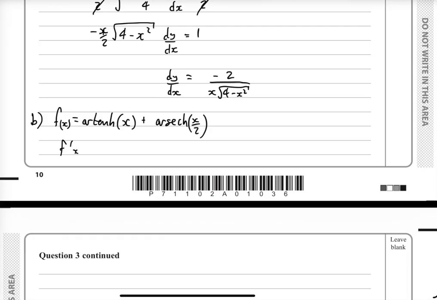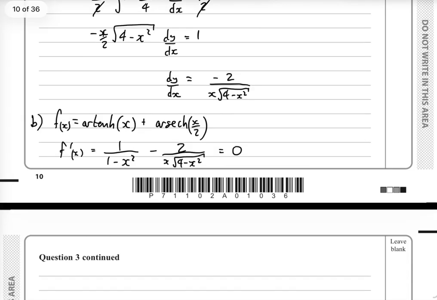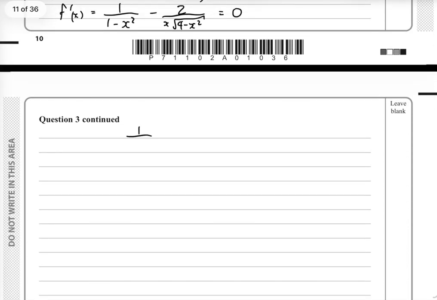So the derivative of this is 1 over 1 minus x squared minus 2 over x root 4 minus x squared from part A. And we're saying, when is this equal to 0? Bring that on the other side. 1 over 1 minus x squared is equal to 2 over x root 4 minus x squared.